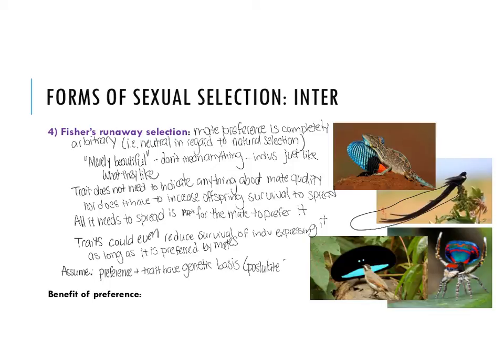Okay, so the benefit of this preference is sometimes shorthanded, and I'm going to use it because it's easy to remember, into the phrase sexy sons. It's not always sons, right? It depends on the system, but basically the benefit to a female of having this preference is that their offspring are attractive.